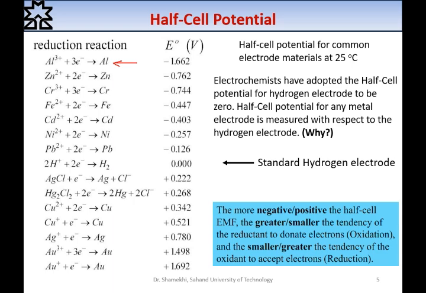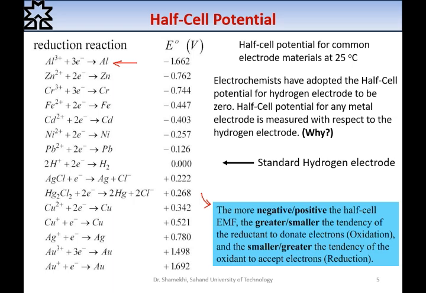And also, you remember this box. The more negative or positive the half cell EMF, the half cell potential, the greater or smaller the tendency of the reductant to donate electrons.